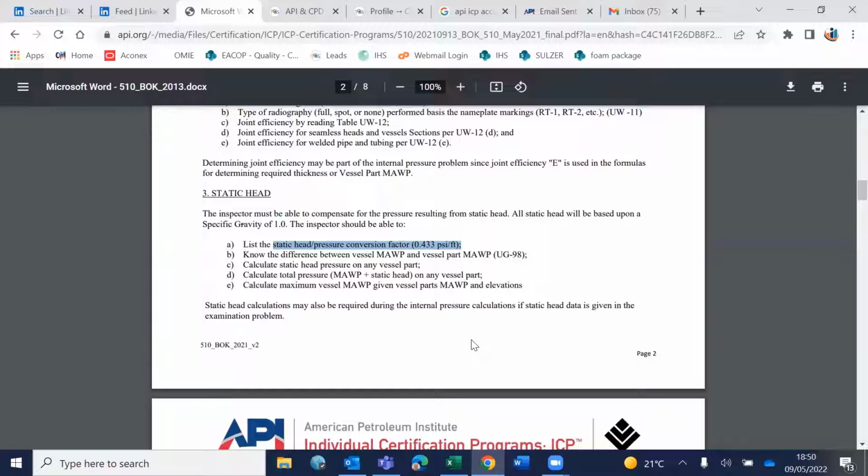Like at the test pressure, for example, if your test pressure is say 150, and this is 100 feet, you get like 40 psi more.